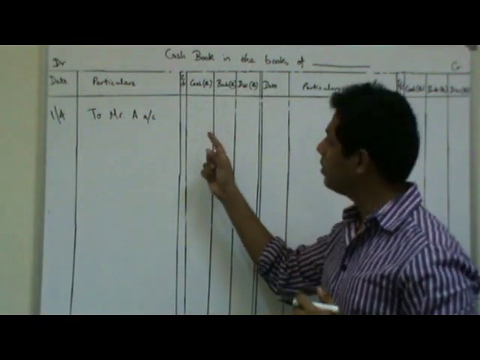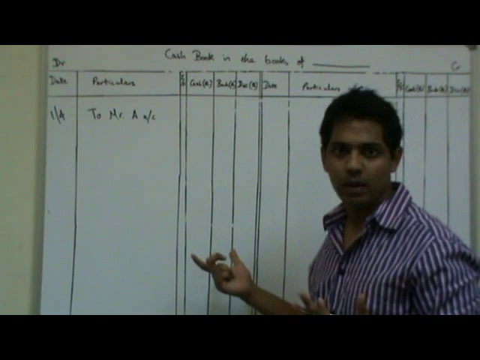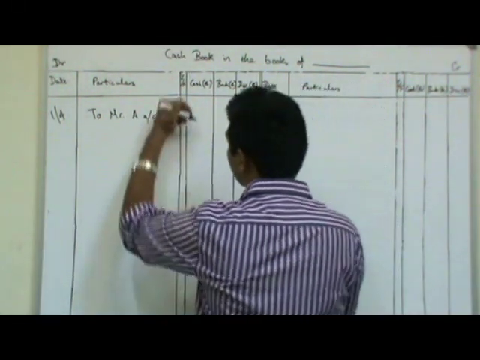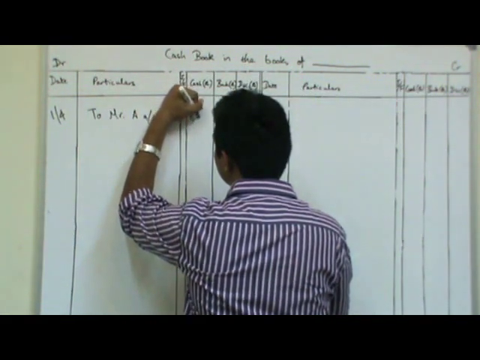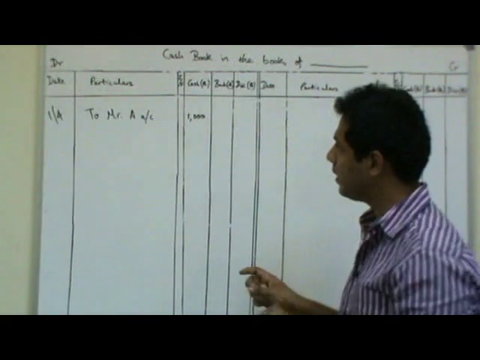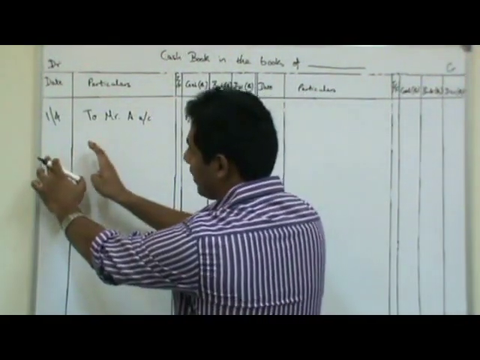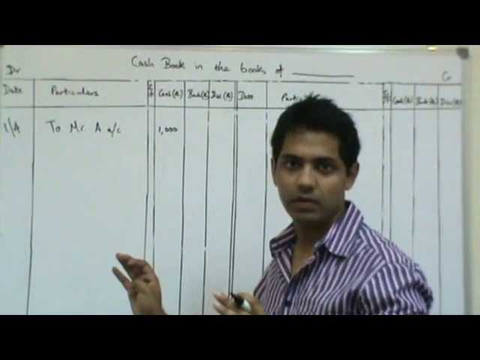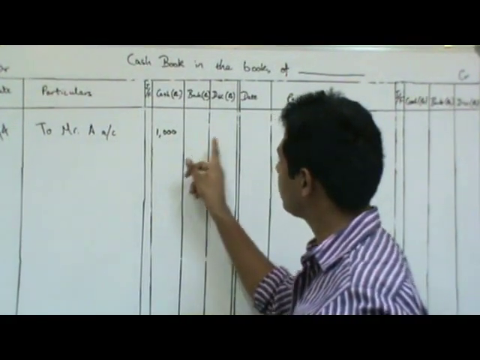And then we write the amount in the amount column. But since this receipt is in cash, this amount will come in the cash column, Rupees 1000. So the particulars column and the date column are common for all accounts, and then the amount goes to the respective column.